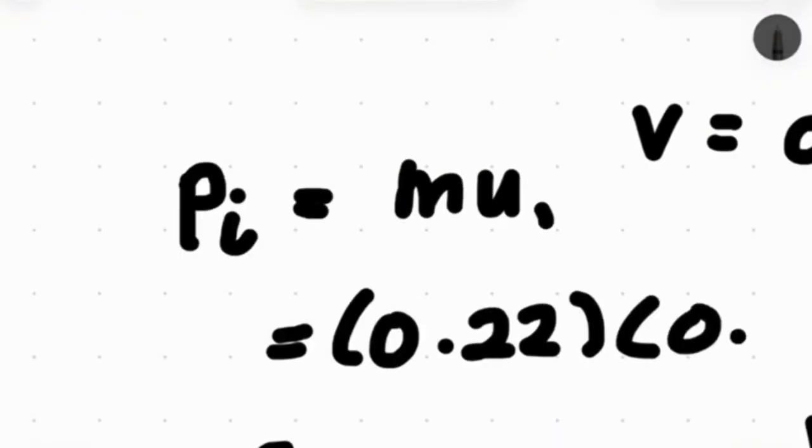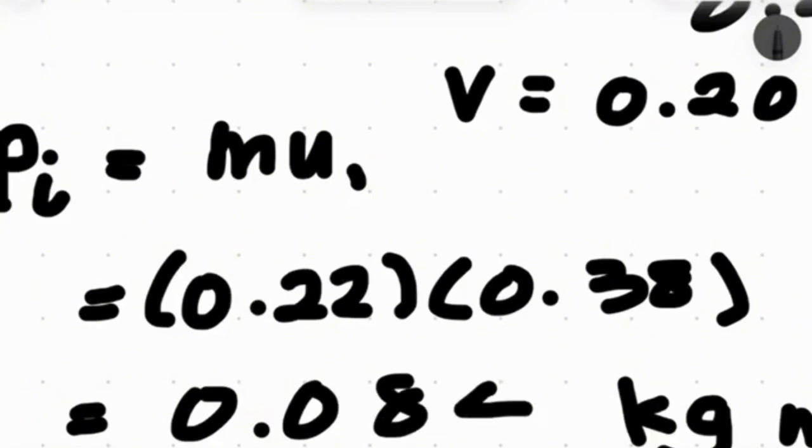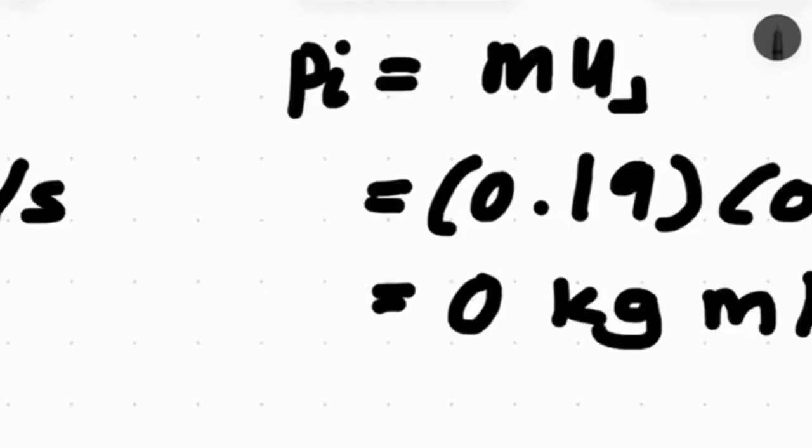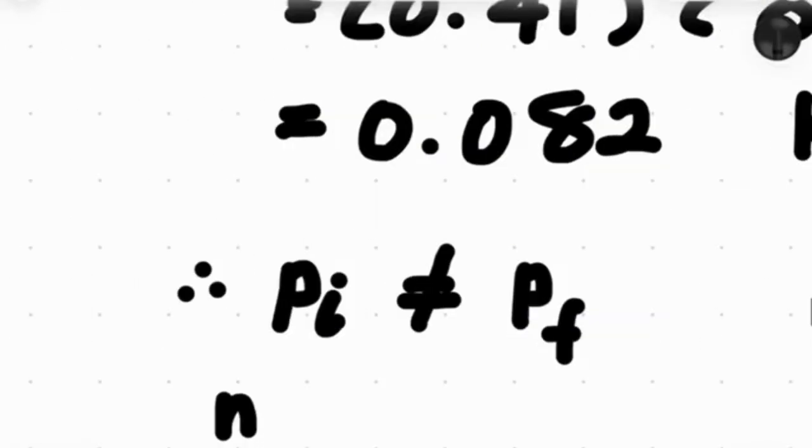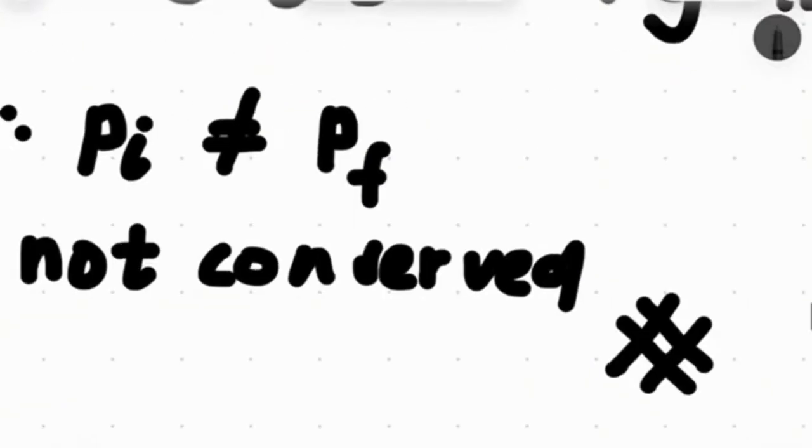Next is data set 4. The initial momentum is 0.084 kg·m/s. And the final momentum is 0.082 kg·m/s. The initial and the final is not the same, it is not conserved.